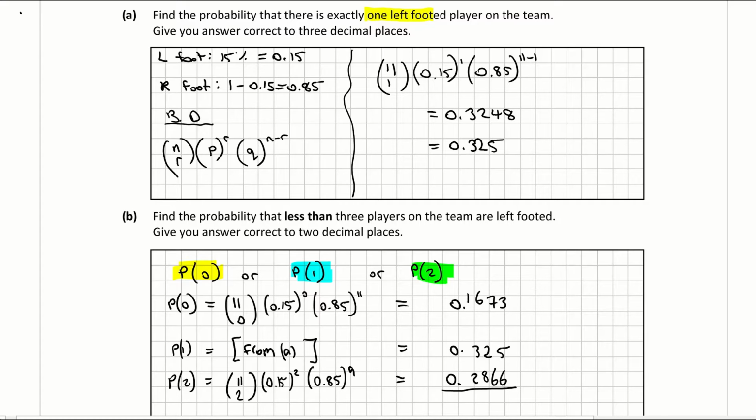I then add those 3 because 'or' in probability means to add. When I add them together, I get 0.7789. The question wants it to 2 decimal places this time, so that is equal to 0.78. That's the probability of less than 3 players on the team being left-footed.